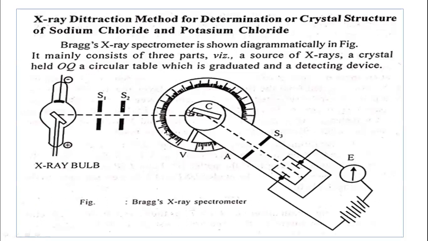You can see the radiations coming from this X-ray bulb, passing through slits S1 and S2, and then striking this crystal C, placed on the circular table.